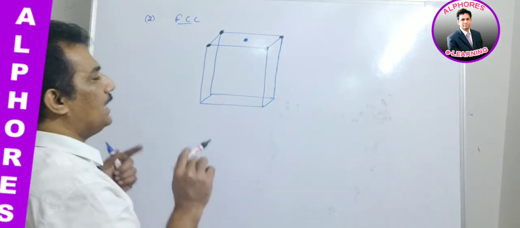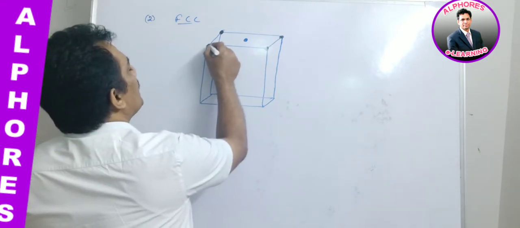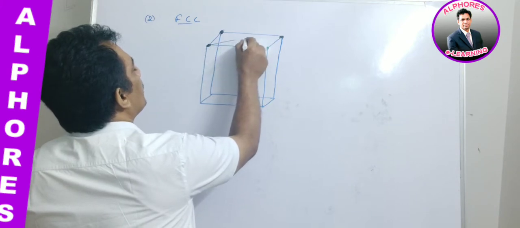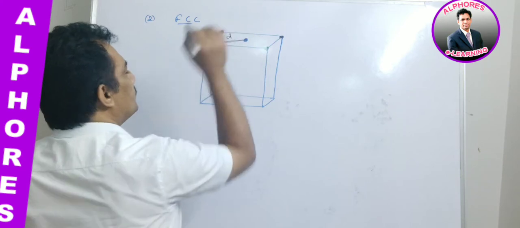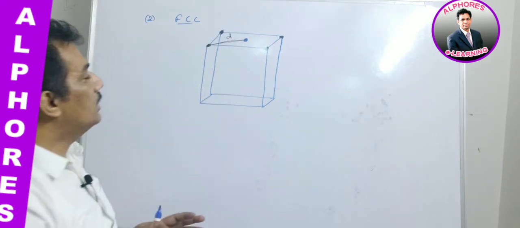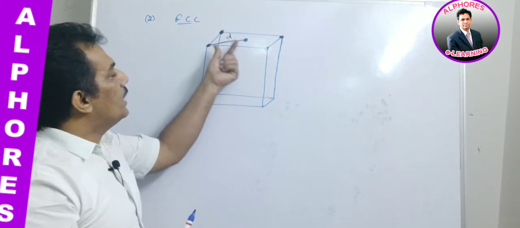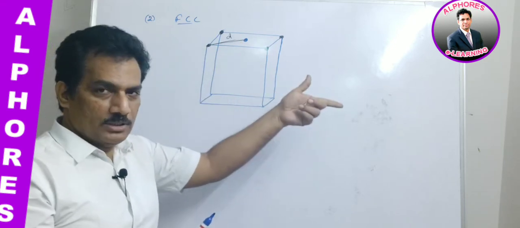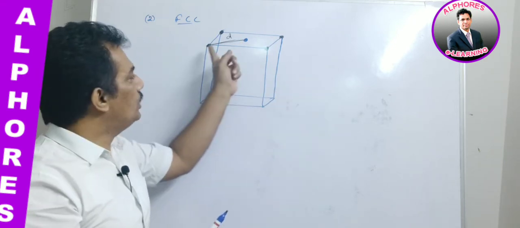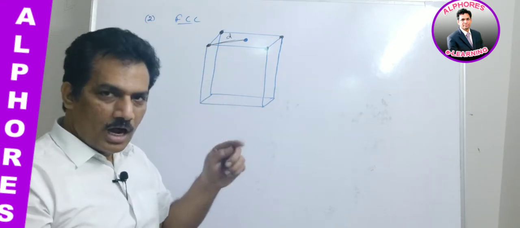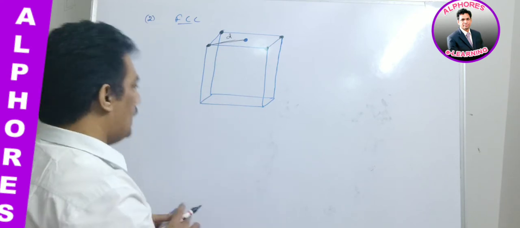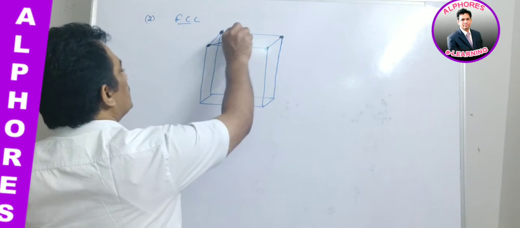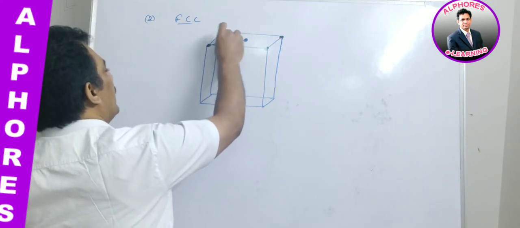And now actually the distance between the corner and this face center is D, because instead of these two, now these two are nearest neighbors. That is, the corner and face-centered atom are nearest neighbors. Are you clear? And now let us find the distance value in terms of edge length.